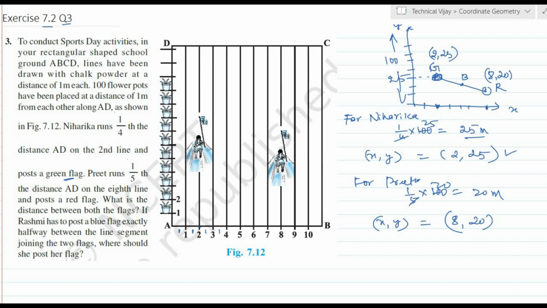So now the distance between these 2 points, using the distance formula, is the square root of (x2 minus x1) squared plus (y2 minus y1) squared.